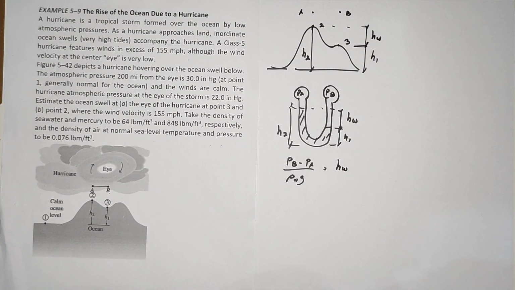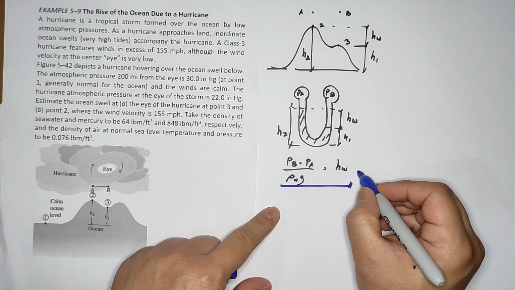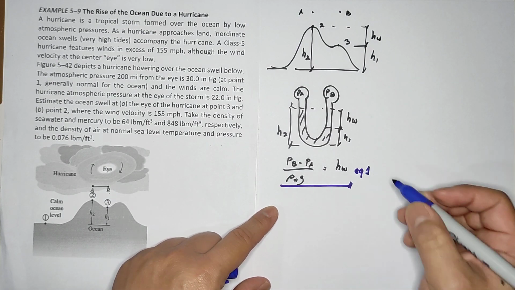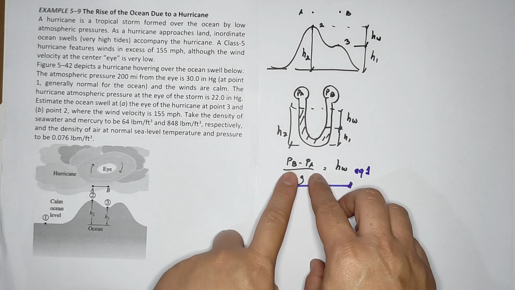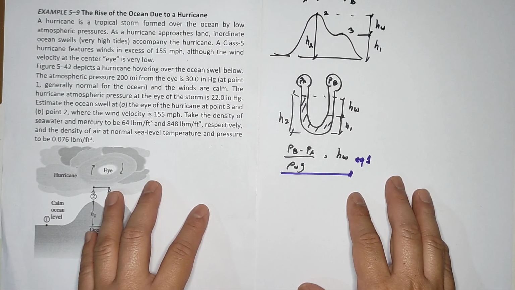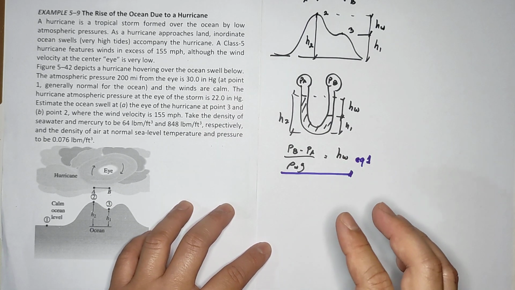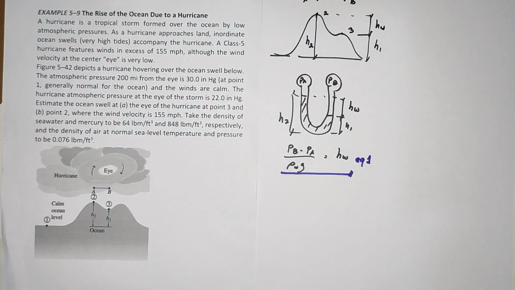Let's call this equation number 1. Now, we could solve for the HW if we have the pressures at A and B. But unfortunately, we are only given the pressure B, that is 22 inches mercury.